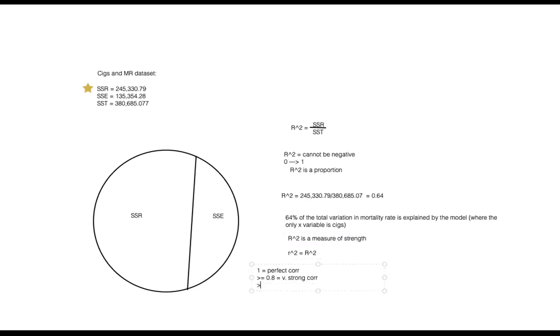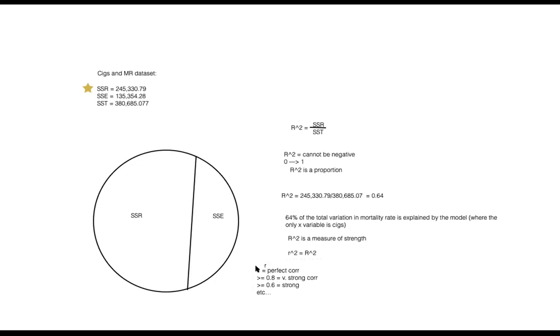If it was greater than or equal to 0.6, all the way up to but not including 0.8, it was a strong correlation, etc. These are the same thresholds I gave you last week, but this is for Pearson's R.